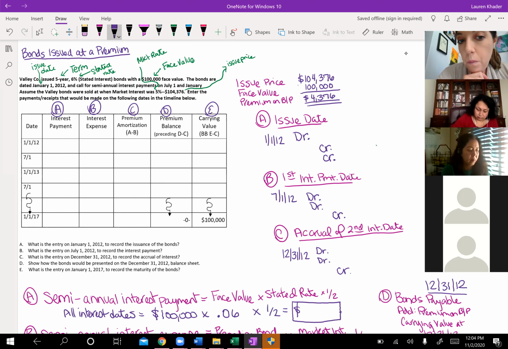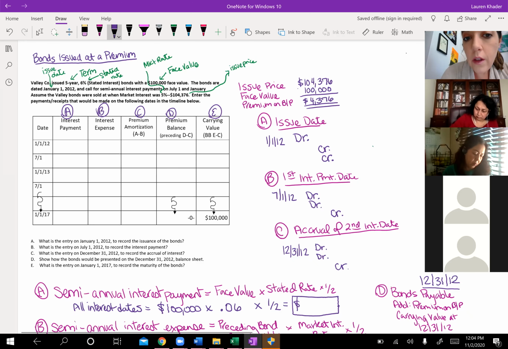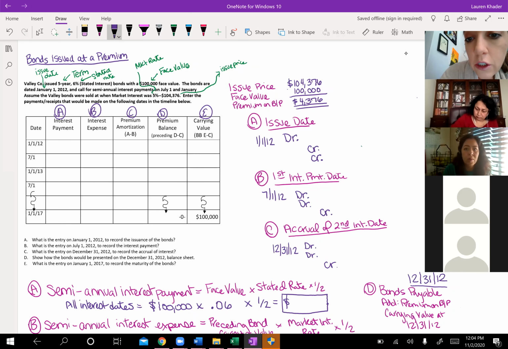4,376. So on the issue date, January 1st, 2012, they debited cash, increasing cash for the issue price, right? 104,376. That's how much cash was received by the company.